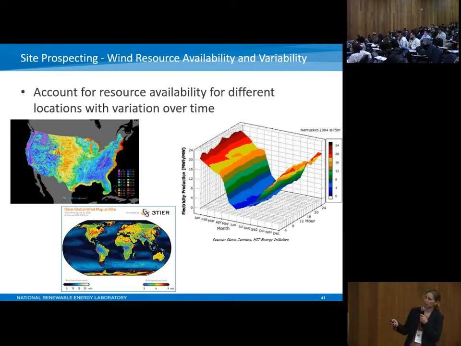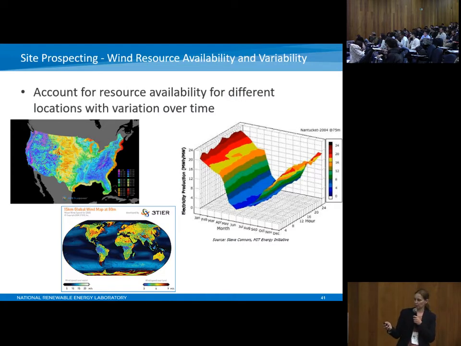And so this is a seasonal profile for one particular site. And you can see here in the winter time frame, it's much stronger and weaker in the summer. And so this is common for a lot of sites. There'll be seasonal variation. And from what I understand, here in Brazil, the time when your hydro resources are lower is the time when your wind resources are higher, is what I understand. I see some nodding heads. So you look for that type of complementarity of wind with the rest of your energy system.